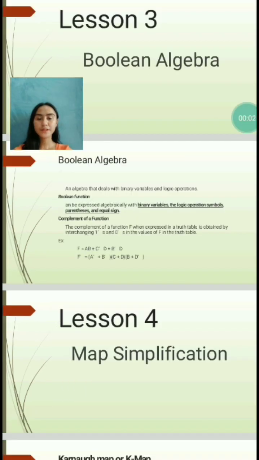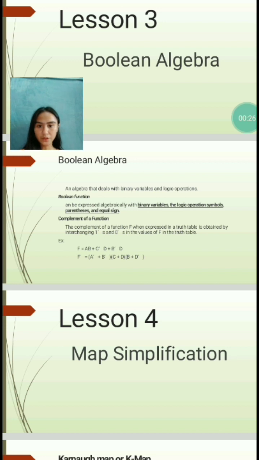And now, let's go to lesson 3, the Boolean algebra. Boolean algebra is an algebra that deals with binary variables and logic operations. A Boolean function is expressed algebraically with binary variables, the logic operation symbols, parentheses, and an equal sign.